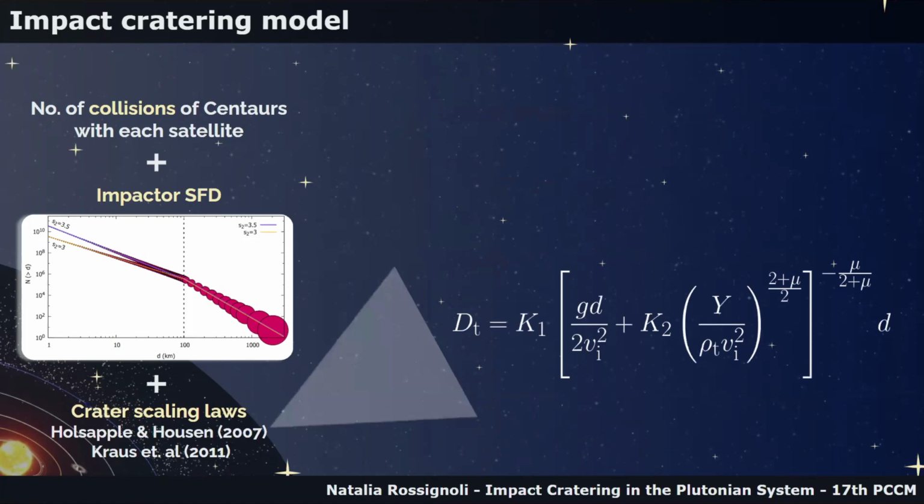Another brief comment about the crater scaling laws is that these vary between authors. We use one that has a term for the importance of gravity in the impact event, and another term for the importance of the strength of the target. Depending on the size of the object you're studying, this term can be important, as we will see later.